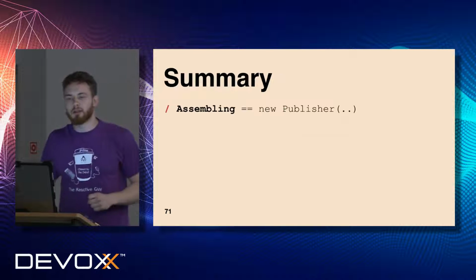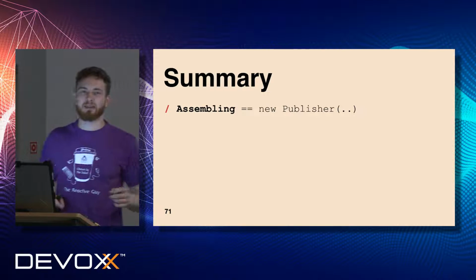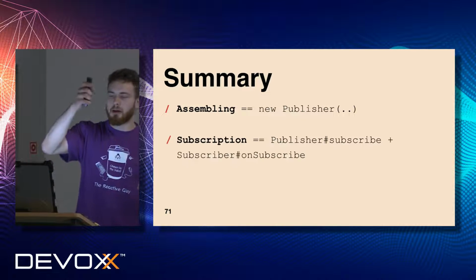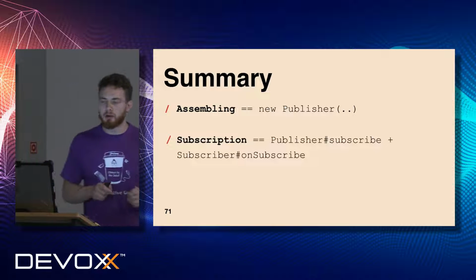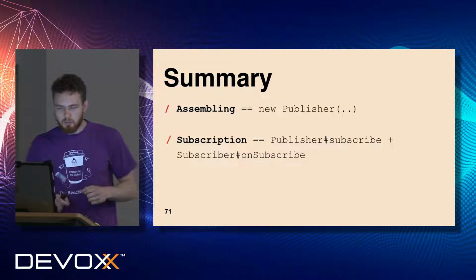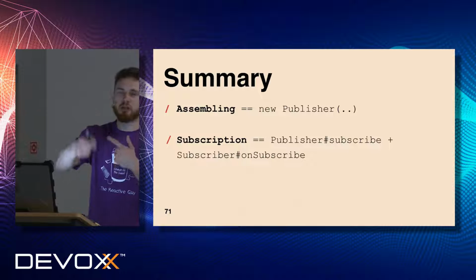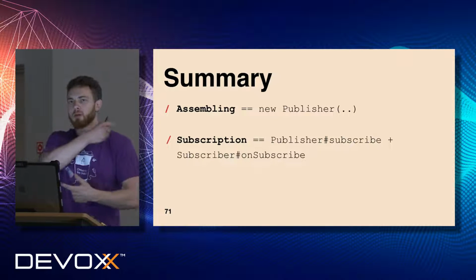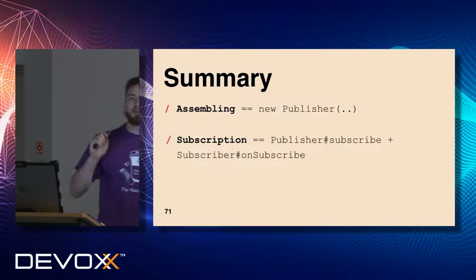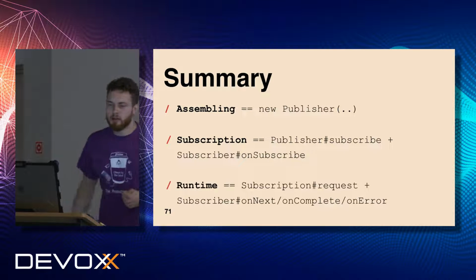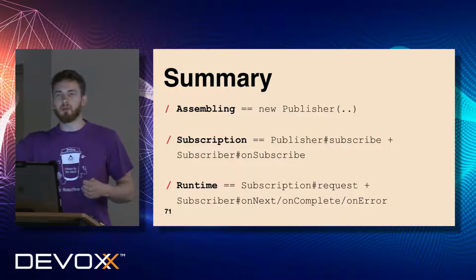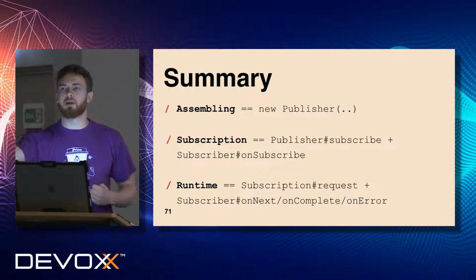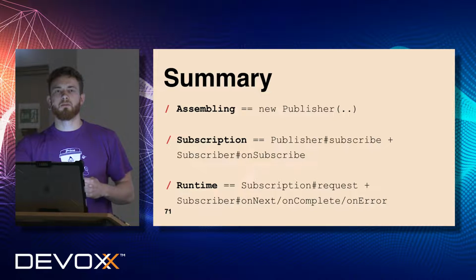So to summarize, we have assembly, which basically means that we create publishers. Then we have subscription time, which basically means that we exchange subscriber versus subscription. So it's 2 calls related to this phase. And finally, we got runtime, which is the invocation of request method, onNext method, onComplete method, and onError method. Does it make sense?